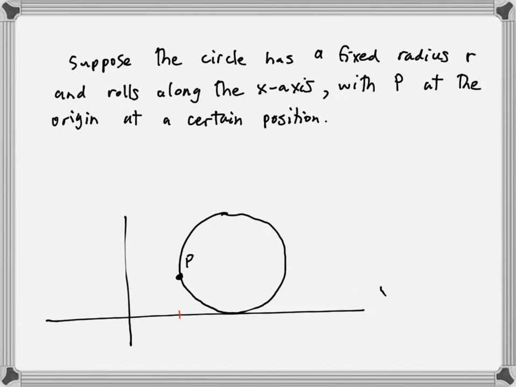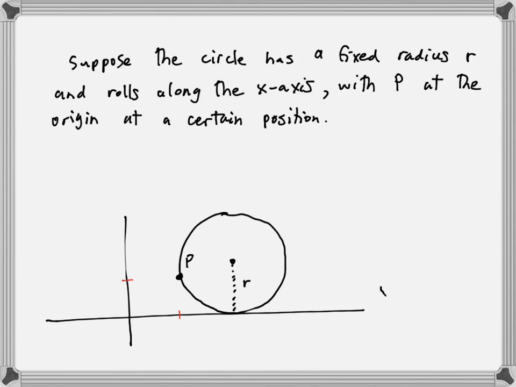So we want to figure out what each of these two dash marks represent. Let's say that the center of the circle is right here. So we know, for example, that from here to here is r, because the circle has radius r.